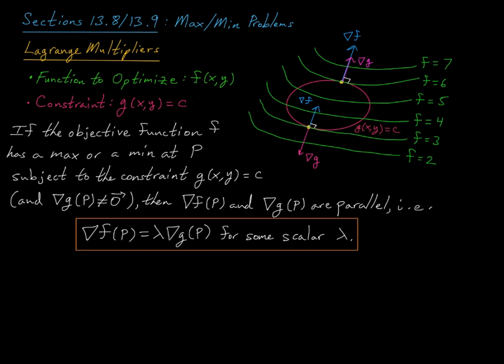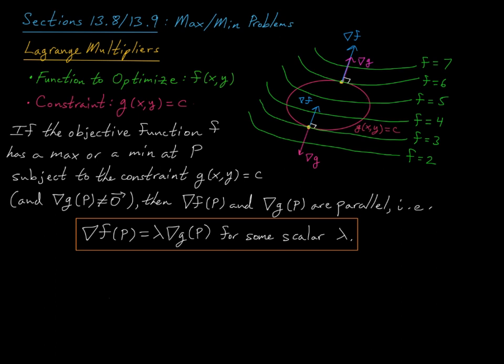And if I want to optimize our objective function f, in particular I'm interested in the level curves of largest or potentially smallest output that still intersect our constraint curve.